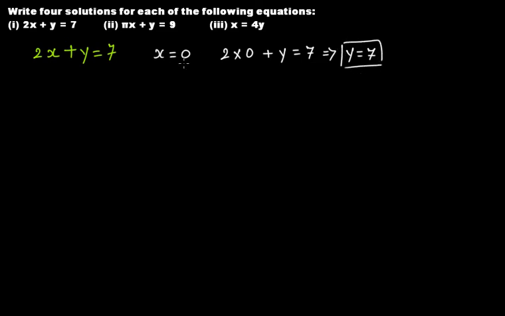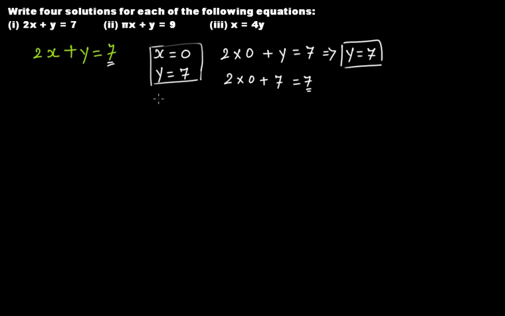So when x is equal to 0, y is equal to 7. If you want to check it, you can check it. This is 2 multiplied by 0 plus y, and at the place of y you put 7, and you will finally get 7, which is equal to this one. So we say that this is one pair of solutions.